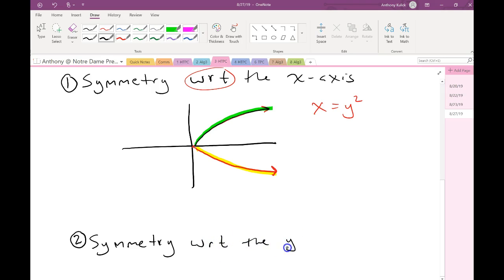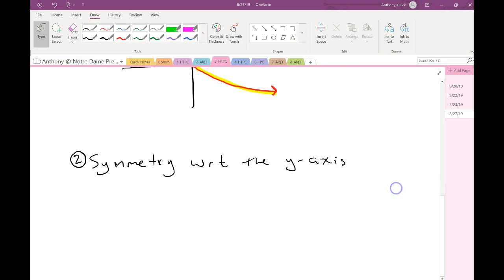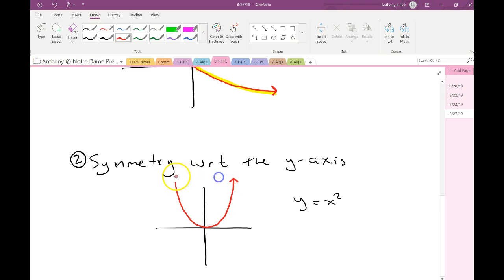So we have symmetric to the x-axis. Not surprisingly, next we'll have symmetric to the y-axis. So again, same idea, except this time our mirror is not the x-axis, rather it's the y-axis.